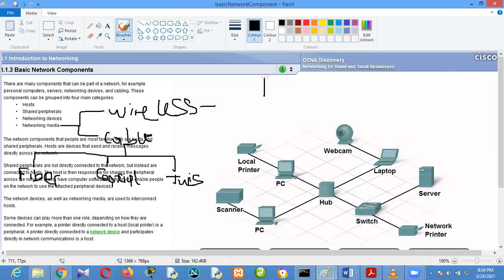Now we should also know that we have PoE technology, and we have PoE plus technology. We also have PoE plus plus. Now I think PoE plus started in 2009.